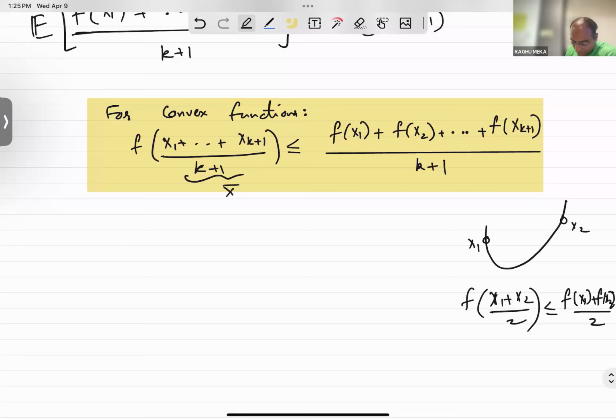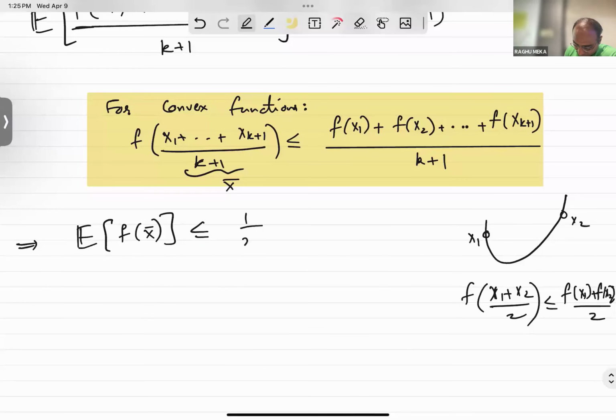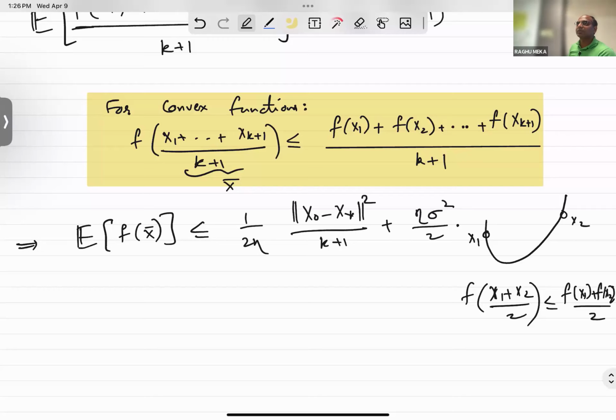I mean, this was X bar that we defined, right? So you have to define the average. So this implies that the expected value of f of x bar is less than or equal to 1/2 eta times norm of x0 minus x star squared divided by k plus 1, plus eta.